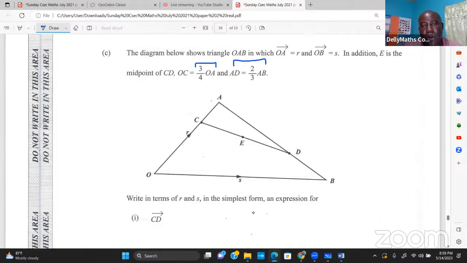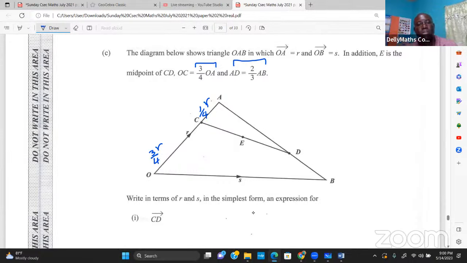OC is 3/4 of OA. That means OC is 3/4 r, which means from C to A is a quarter r, because the one r is splitting up: one piece is 3/4, the next piece is a quarter. Another piece of information: from A to D, it's 2/3 of AB.